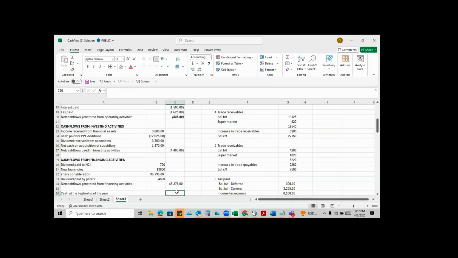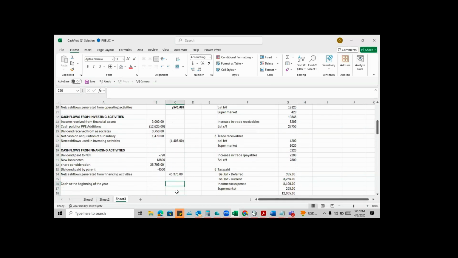So our net cash flows for the year will be this plus this plus this. Sorry, this one I used generated. It should have been used in operating activities.